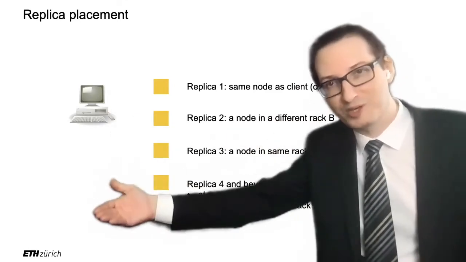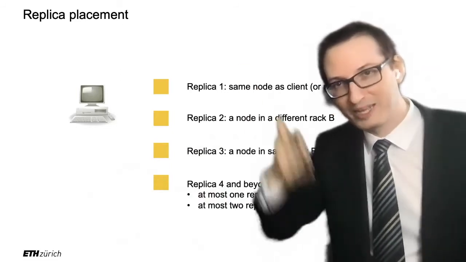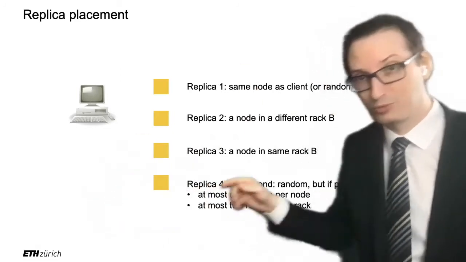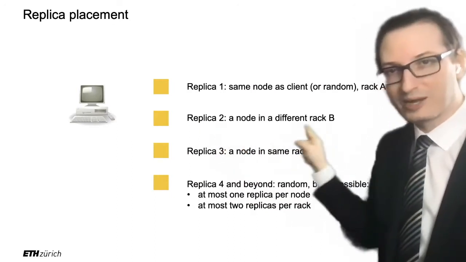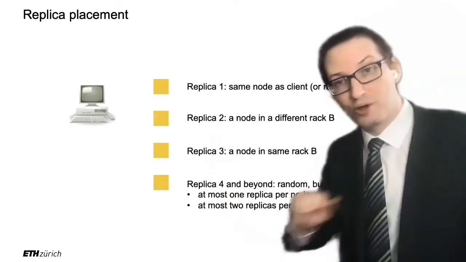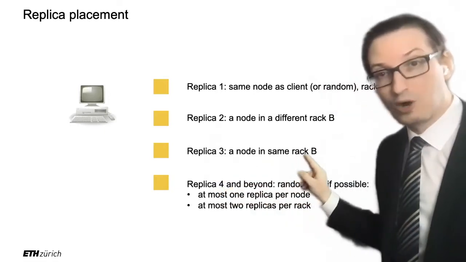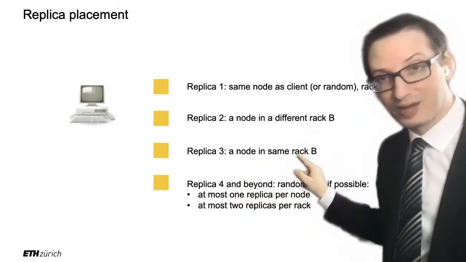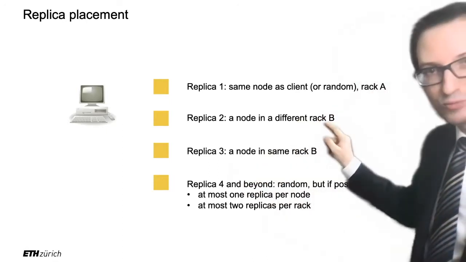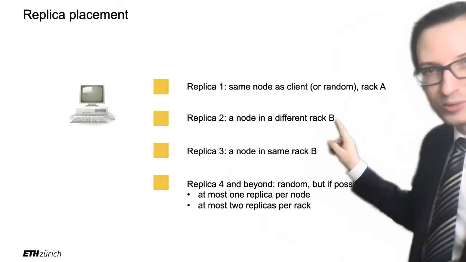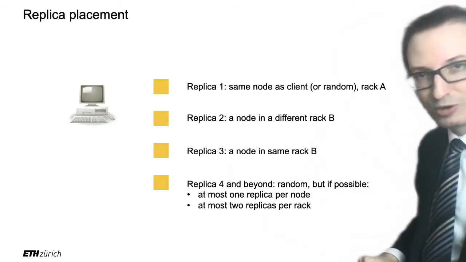That's to have a bit of diversity, because the rack might crash, and you want to be sure it's also replicated to a different rack. The third replica goes in the same second rack, but on a different node. So rack A, then rack B and rack B. Of course, B is going to be different for every block.